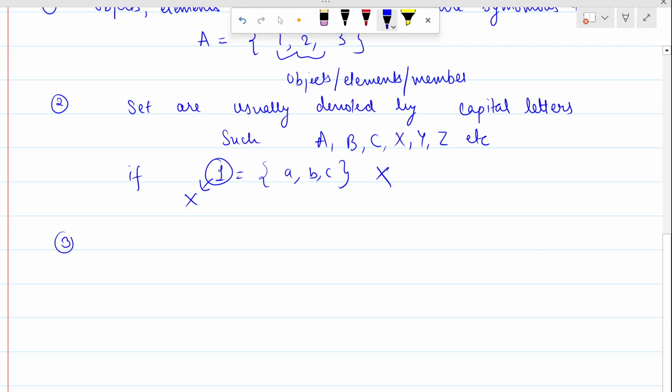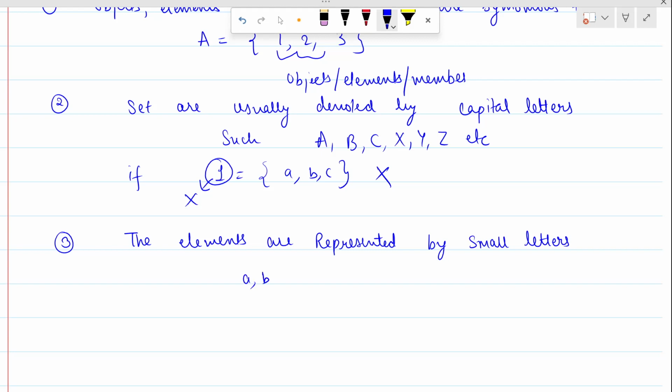Third, the elements are represented by small letters, such as a, b, c, x, y, z, 1, 2.